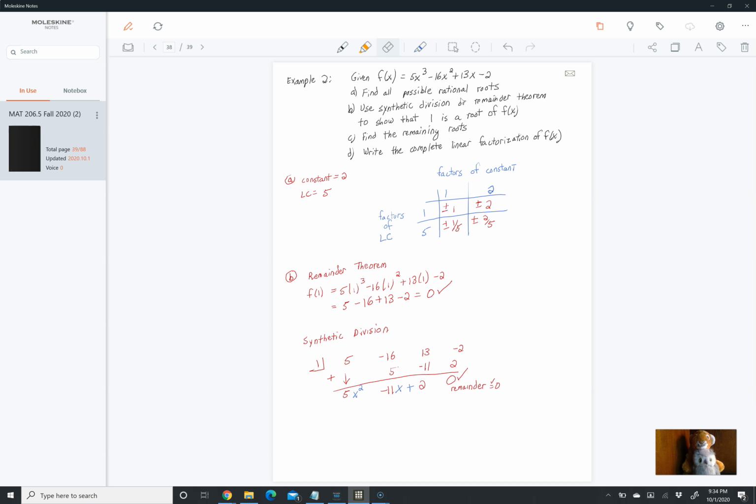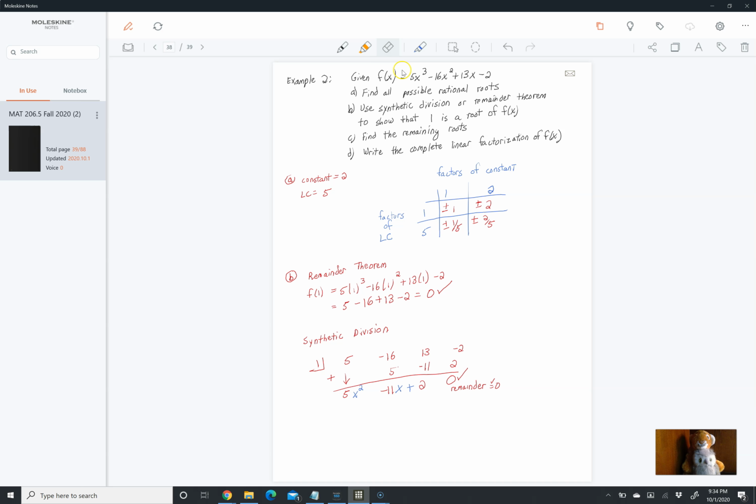A factor of 10 will also be a factor of 100, because these numbers are multiples of the smaller numbers. So a factor of the smaller number is also going to be a factor of the bigger number. So if we can find the roots of this 5x squared minus 11x plus 2, those are also roots of this 5x cubed minus 16x squared plus 13x minus 2. Okay, so let's do that.